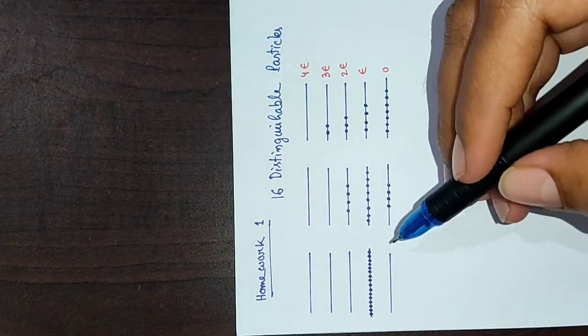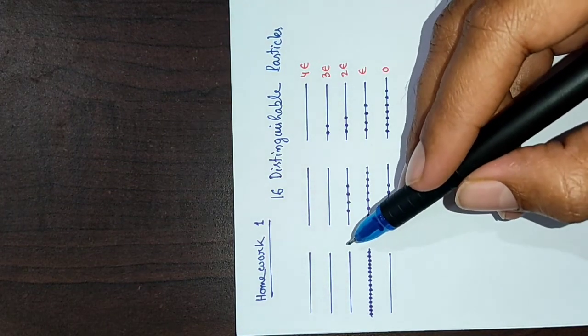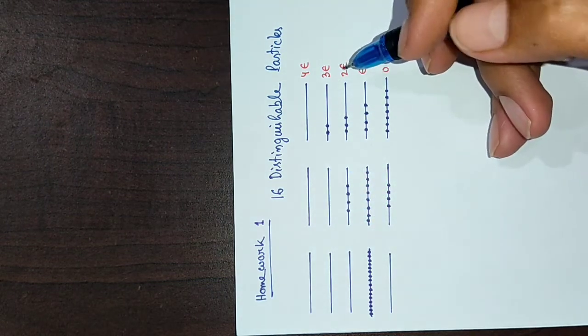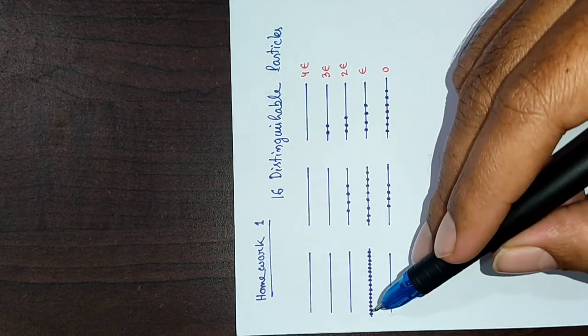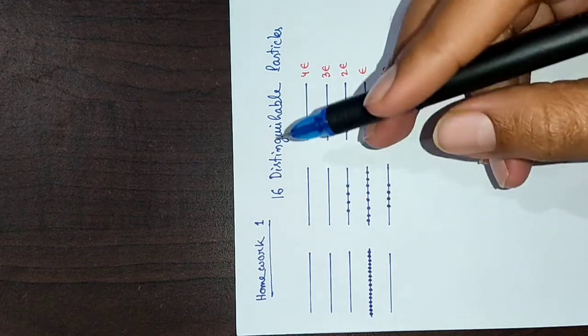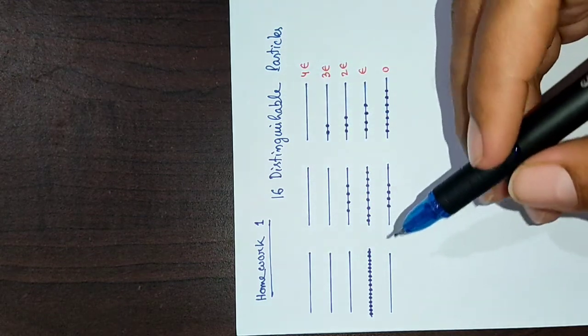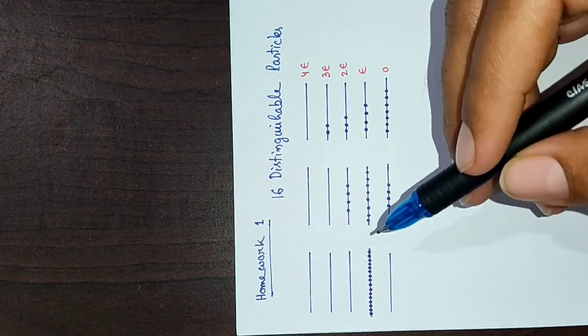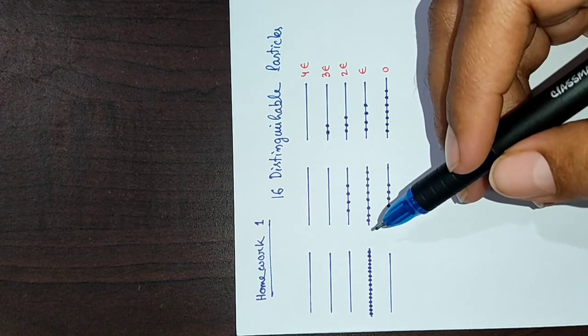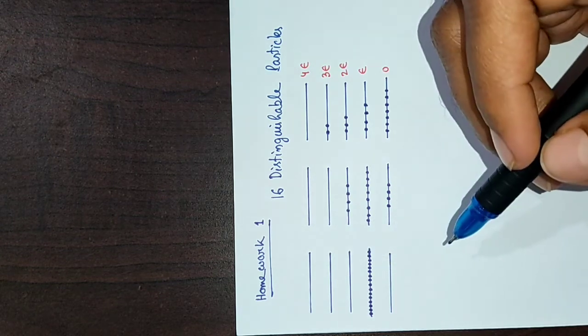Now see, this is 0, this is epsilon, this is 2 epsilon as shown here. So we have 16 dots representing 16 distinguishable particles. So 16 into 1 epsilon equal to 16 epsilon. So it is satisfying the total energy.